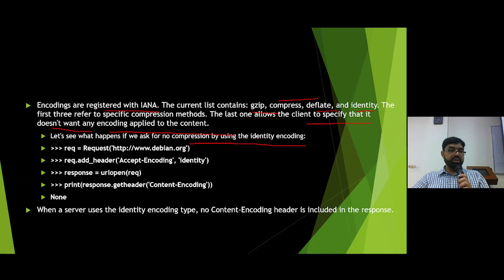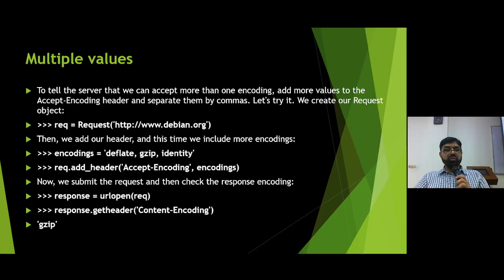We write the request the same way, then for the header we define identity, and we just use urlopen, and then print response.getheader Content-Encoding. It says None. When a server uses the identity encoding type, no Content-Encoding header is included in the response. So as we mentioned, the last one, identity, means no compression.